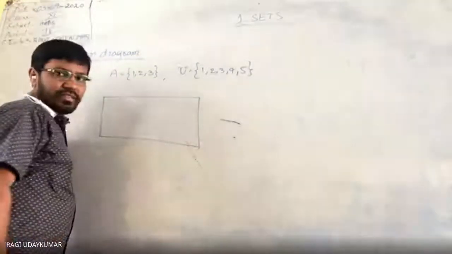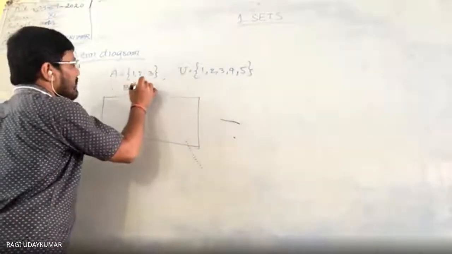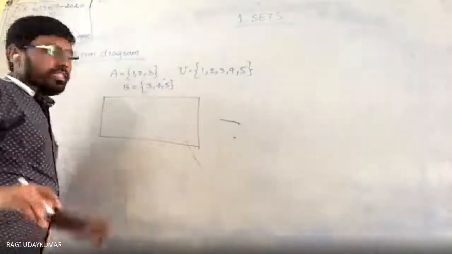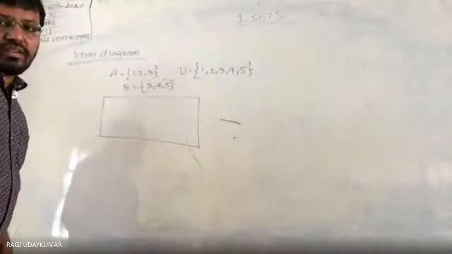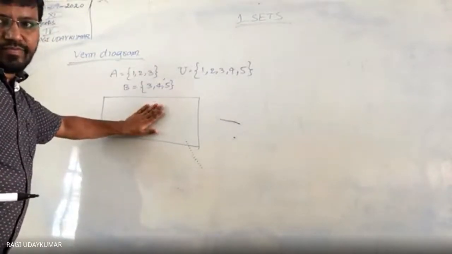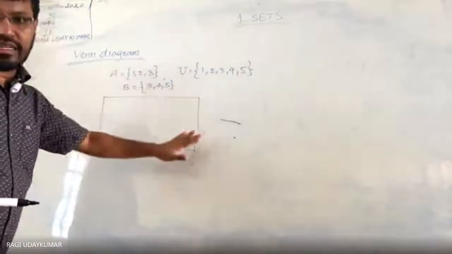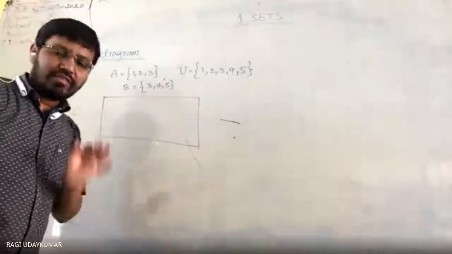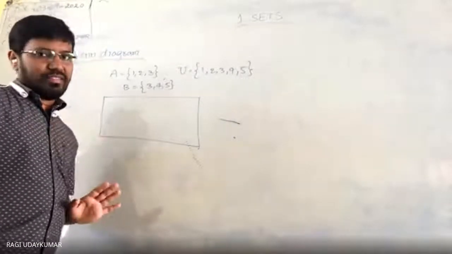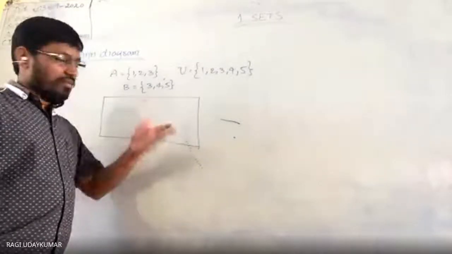If I give you the set B as 3, 4, 5, both sets are subsets of the universal set, so both should be inside. In this universal set you have 1, 2, 3, 4, 5 only, five numbers, not repeated.